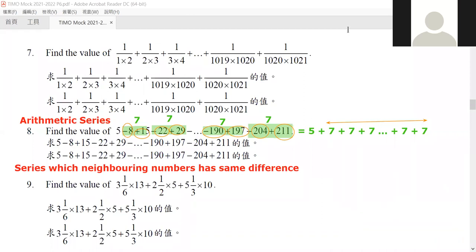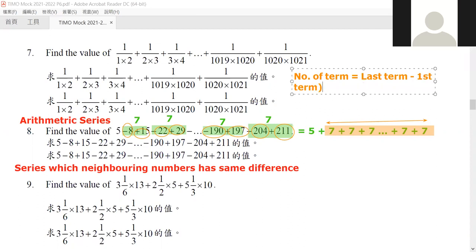So let us look into how many numbers there are in this arithmetic series. For that, we can make use of the equation for the number of terms in an arithmetic series. It will be equal to our last term minus our first term, and then divide the whole thing by our common difference.